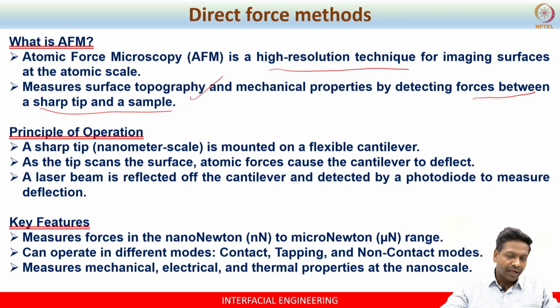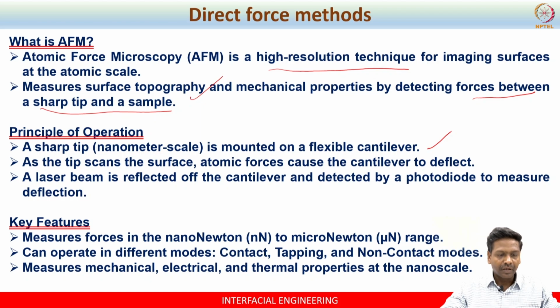Okay, right. So here, like in SFA, the sharp tip is mounted on a flexible cantilever, because when the sharp tip and the sample interact at a very close distance, with a separation distance of, let's say, a few nanometer, the atomic forces or the molecular forces will cause the cantilever to deflect.